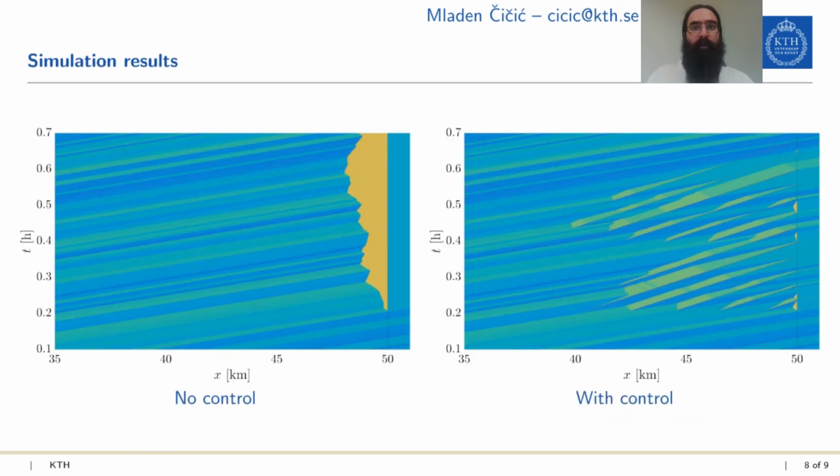Now let's have a look at some simulation results. So on the left you see the no control case, and indeed after some time some heavier traffic reaches the bottleneck and we have a traffic breakdown and congestion starts building up. However, with control, as soon as the traffic breakdown happens, we start restricting the flow by creating these 5 moving bottlenecks, and by doing so we are able to keep the lane drop bottleneck in free flow, and consequently we do not suffer from capacity drop.